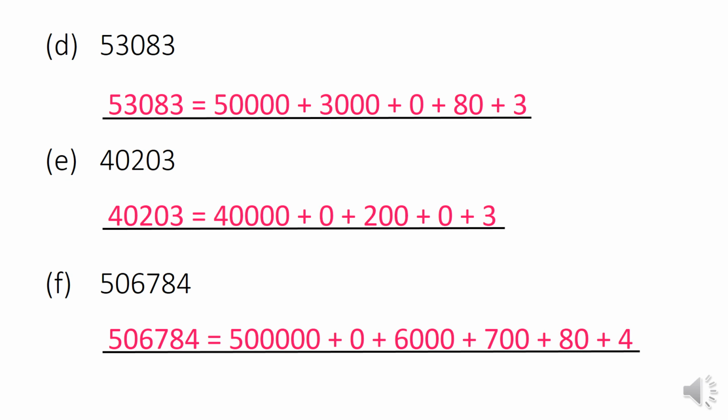So the expanded form of 53,083 is 53,083 equal to 50,000 plus 3,000 plus 0 plus 80 plus 3. 2 questions are remaining. Do that as homework. Now we are going to the next question.